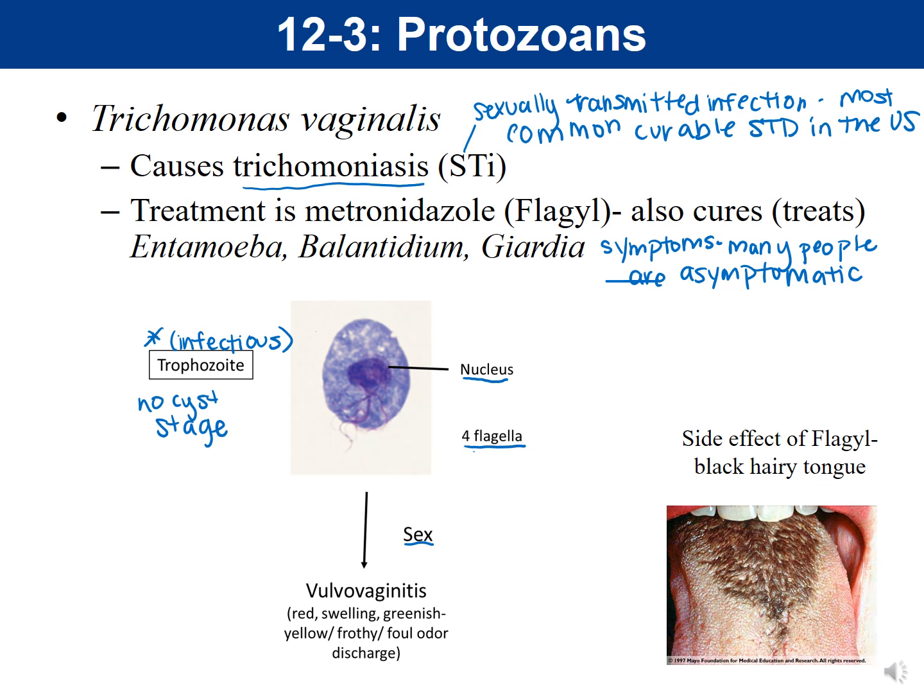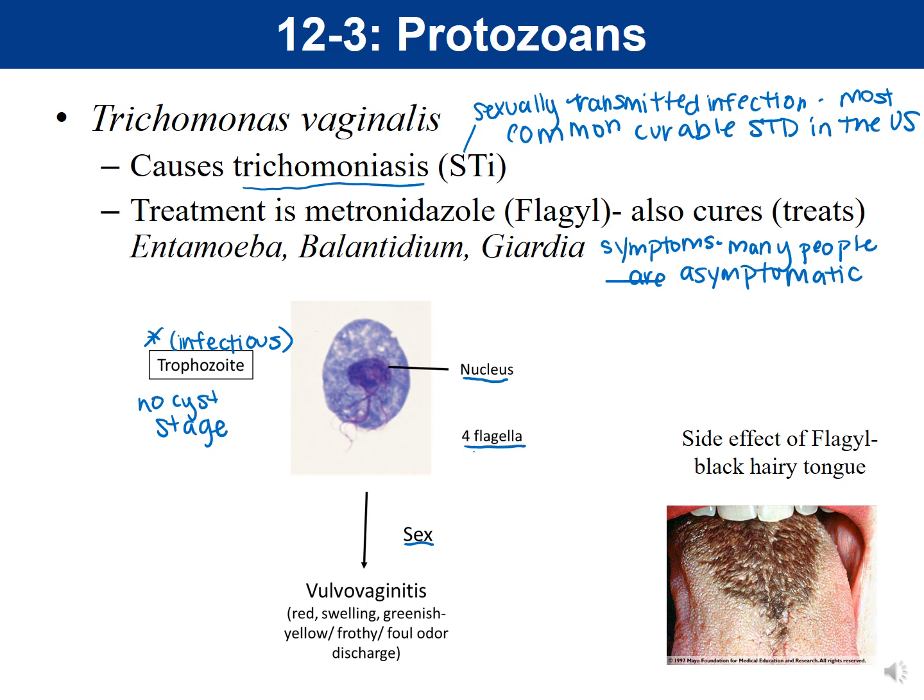And so some people with symptoms will get them within 5 to 28 days after being infected. So it could be as much as a month after you've had sexual contact with somebody who's infected. But others do not develop symptoms until much later. And in some cases, symptoms can come and go. So a person might have symptoms for a while, the symptoms might resolve, they might reappear, etc.